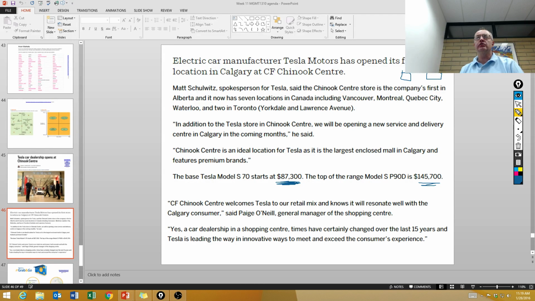So some states have laws that kind of ban Tesla sales like that. I think maybe New York allows Tesla stores, but the neighboring state of New Jersey does not.